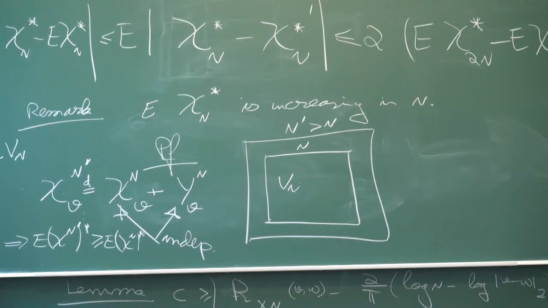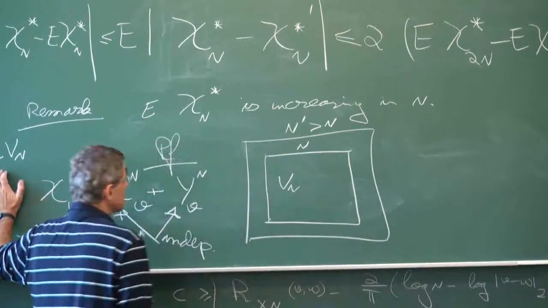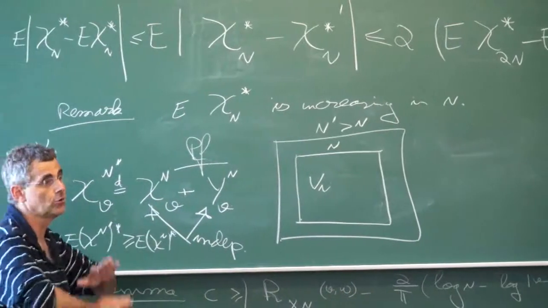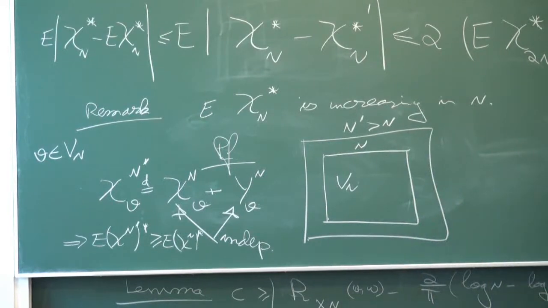So it can be absorbed in everything. So once I proved the upper bound for the dyadic sequence, for this power of 2 sequence, I have it for all. Okay, so that was my remark. And because of this remark, I'm going to consider from now on only n which is a power of 2.